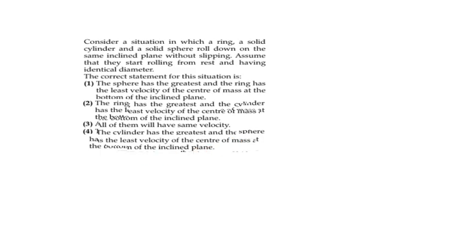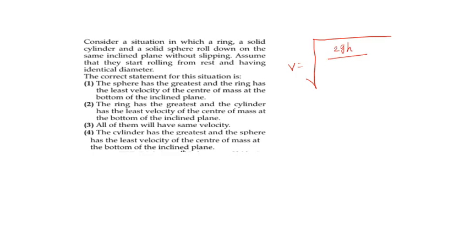So at the bottom of the inclined plane we have just derived the velocity is root over of 2gh by 1 plus I by mr square.